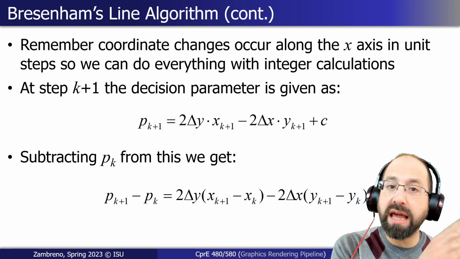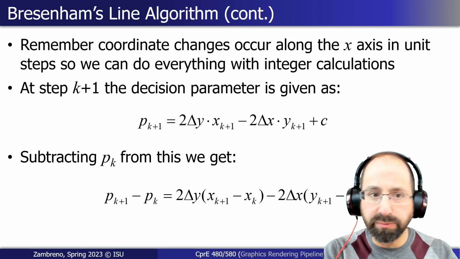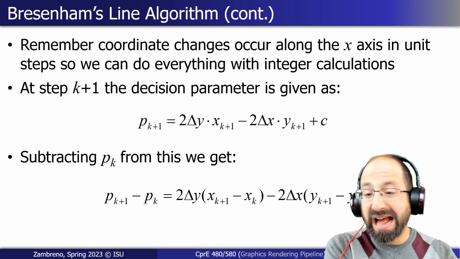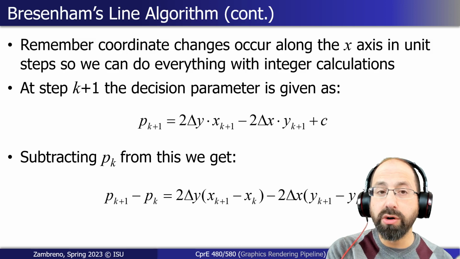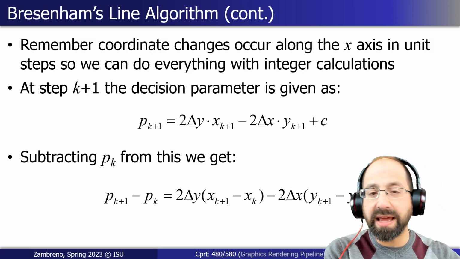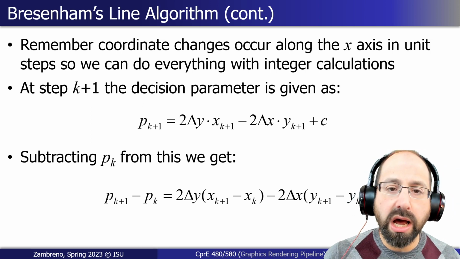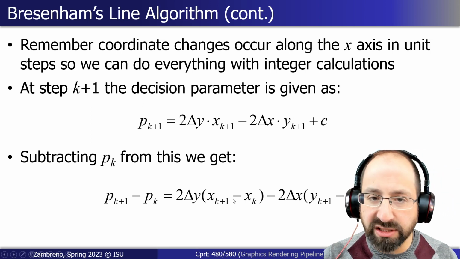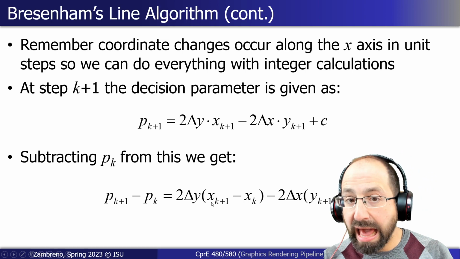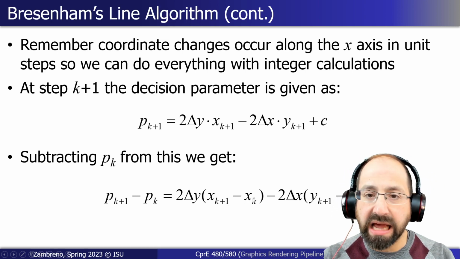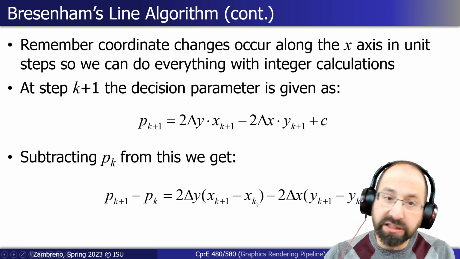So for p of k plus 1, it's the same equation plugged in here. We really care about how much that decision parameter is going to change. So from p sub k to p sub k plus 1, if we just subtract those two here, what we have is a very small amount of change as we go here, right? x sub k plus 1 minus x sub k, that is always going to be equal to 1.